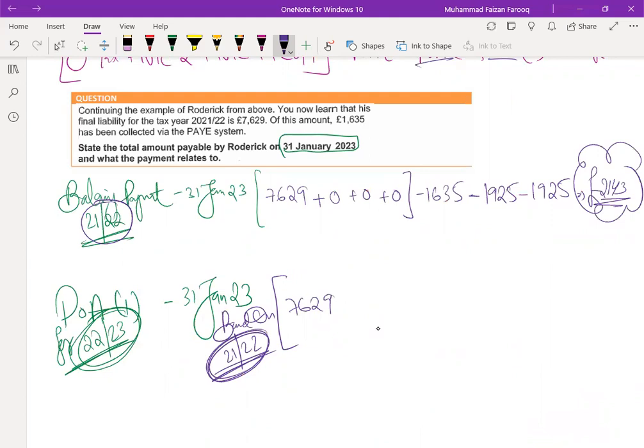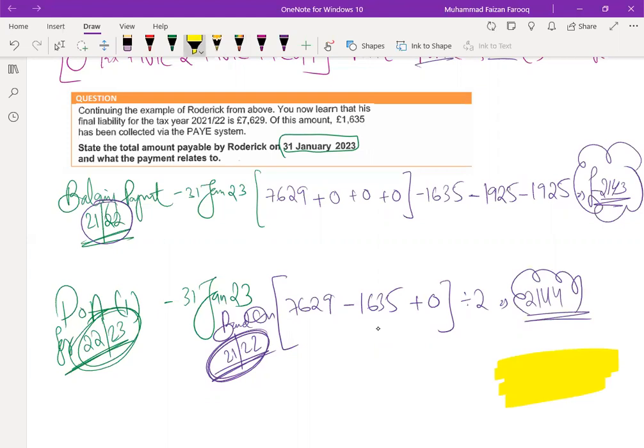Income tax is there. 1635 is the PAYE, NIC is nothing, divided by 2, what is the answer? 2144. The final answer of this question is adding them both.